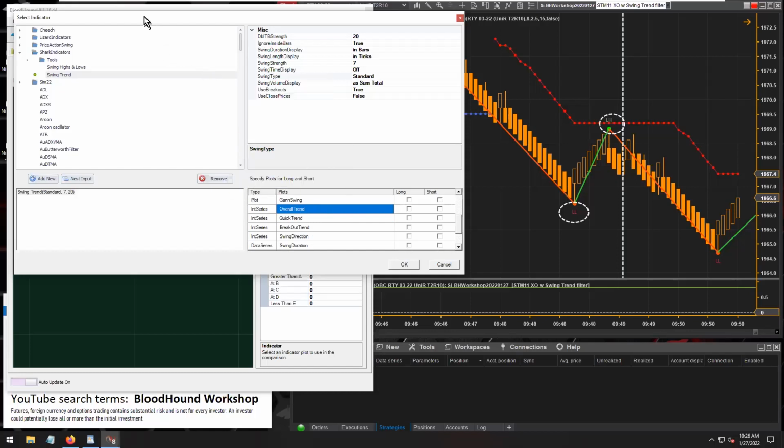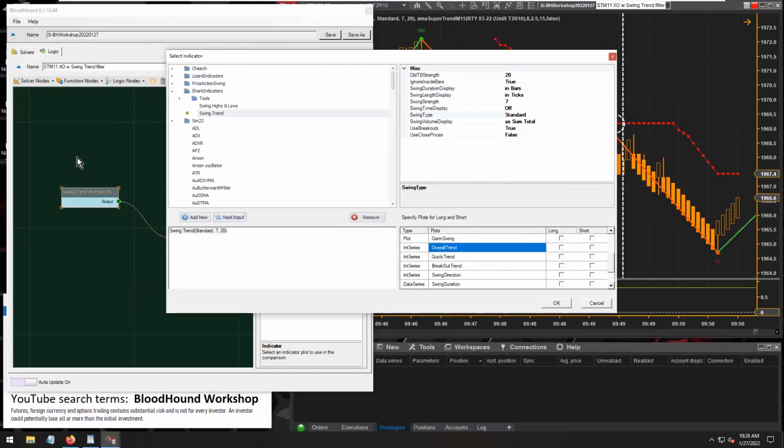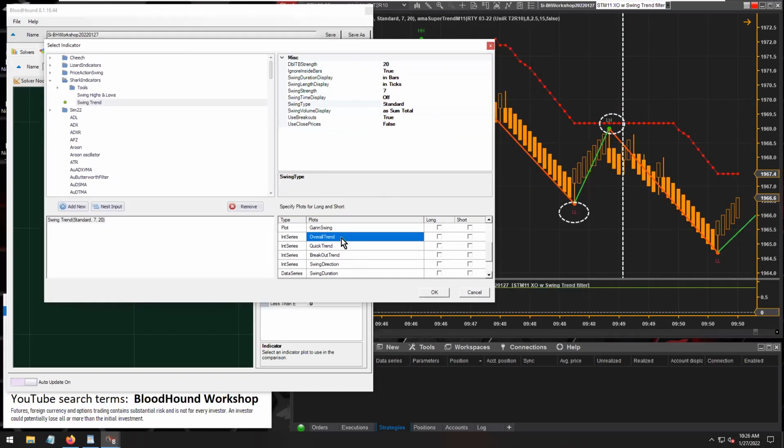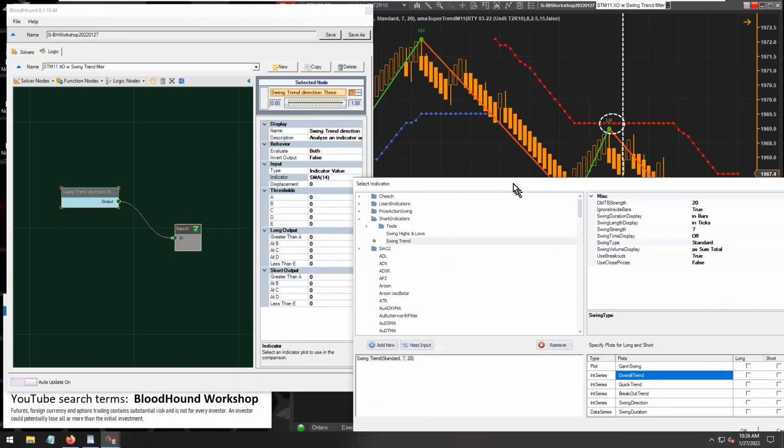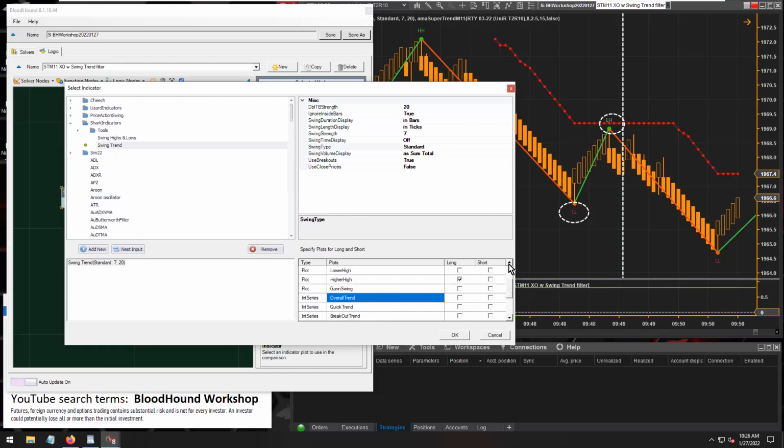So the Dorston swing trend solver was basically just a quicker, more convenient way to access these trend outputs directly, without having to go through setting up a threshold solver and everything. So anyway, getting back to what we're trying to do here, we're trying to identify a lower low for a short output, and the reverse would be identifying a higher high for a long output.